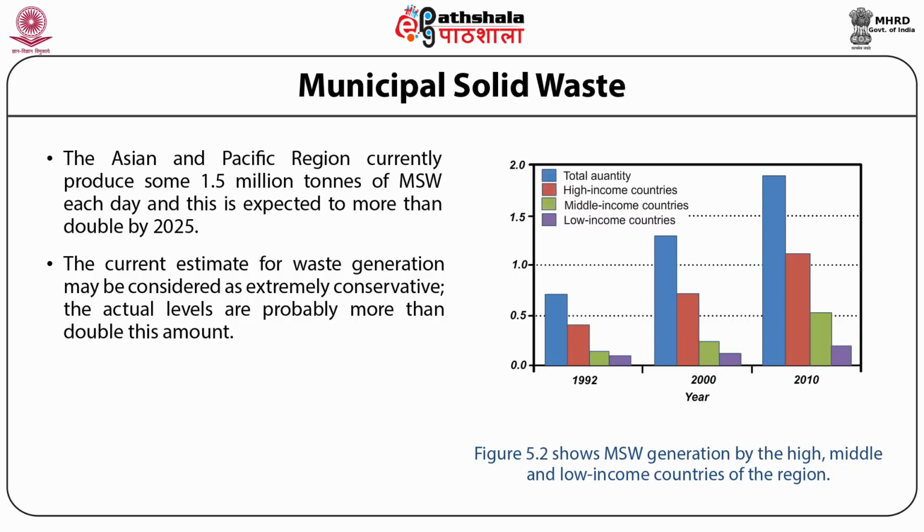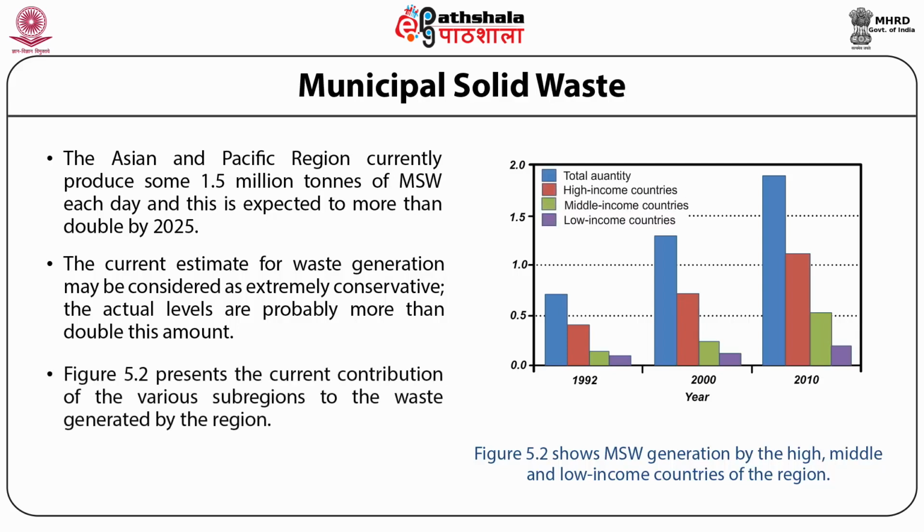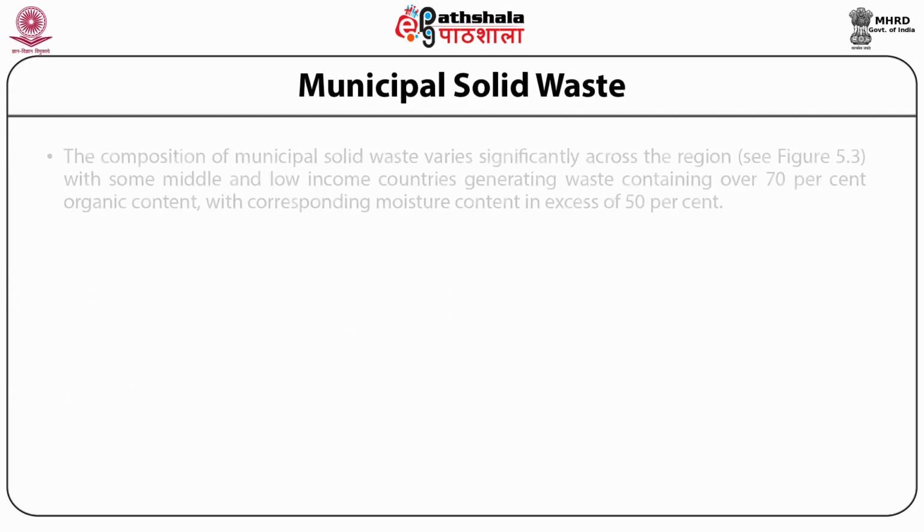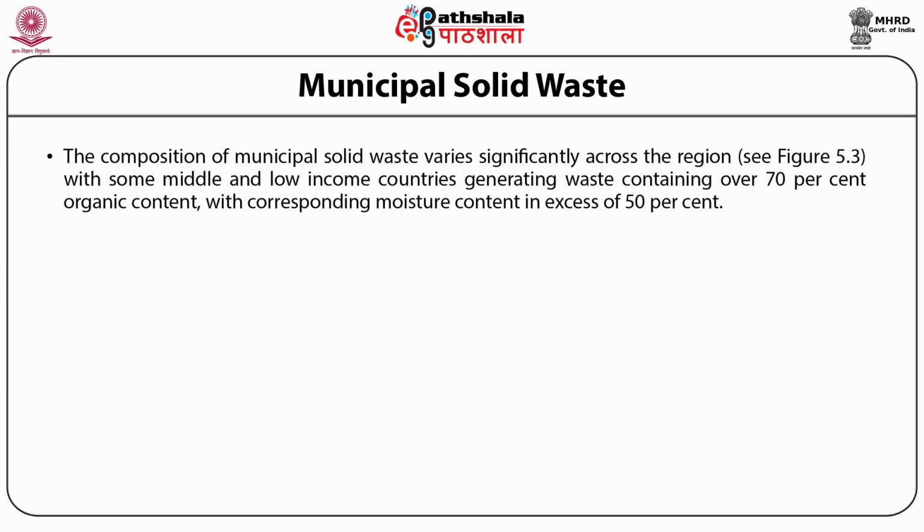You can also see from this bar graph the current contribution of various sub-regions to the waste generated by the region. Now the composition of municipal solid waste varies significantly across the regions, with some middle and low income countries generating waste containing over 70% organic content, with corresponding moisture content in excess of 50%.